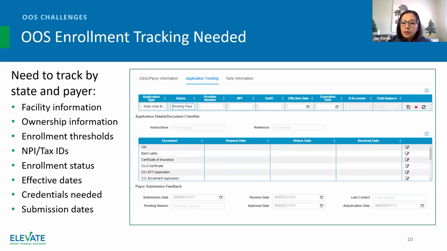More importantly, for the states where you have the majority of your traffic, really know when you are enrolled and when you are going to expire for that MPI. Then maintain everything, like knowing where to go for your updated licenses, CLIAs, those types of things. That truly is the key.